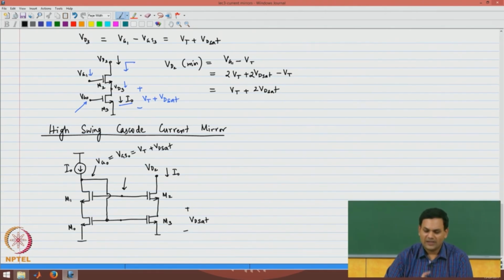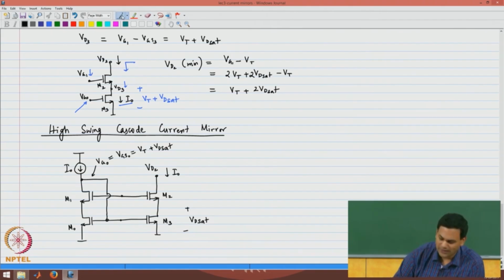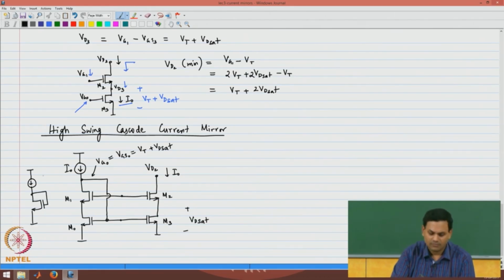Now, we still have a problem of generating this voltage, which is Vg1. So, the way we do it is we will use a fifth transistor to generate this voltage.